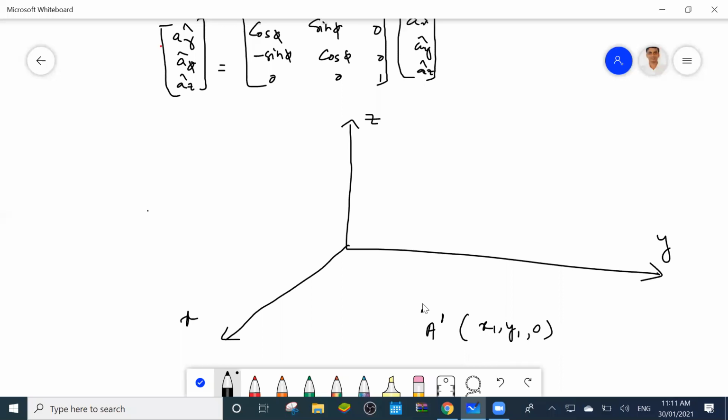So what is the meaning of this one? So X1 means this is the X direction. Now I can say suppose this point is the corresponding point of this point. Suppose I am giving capital X.